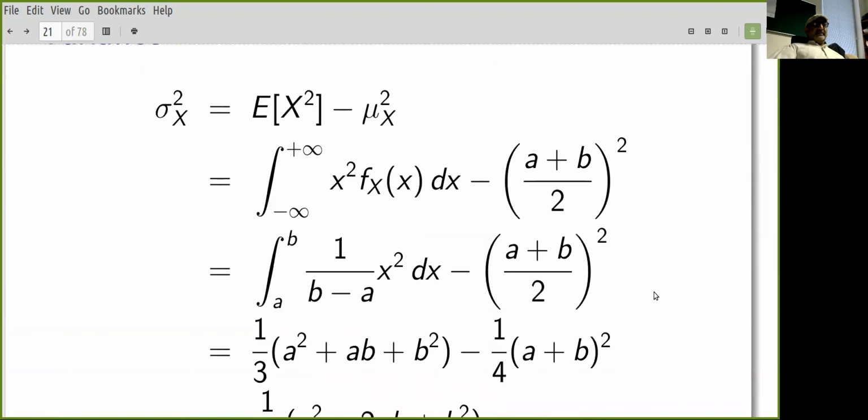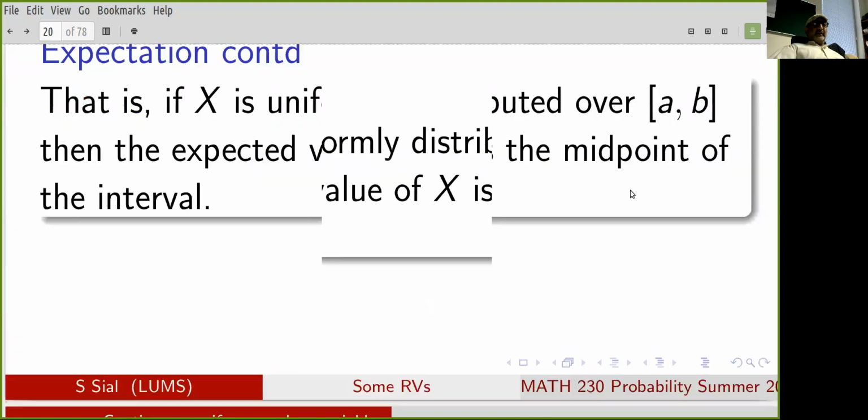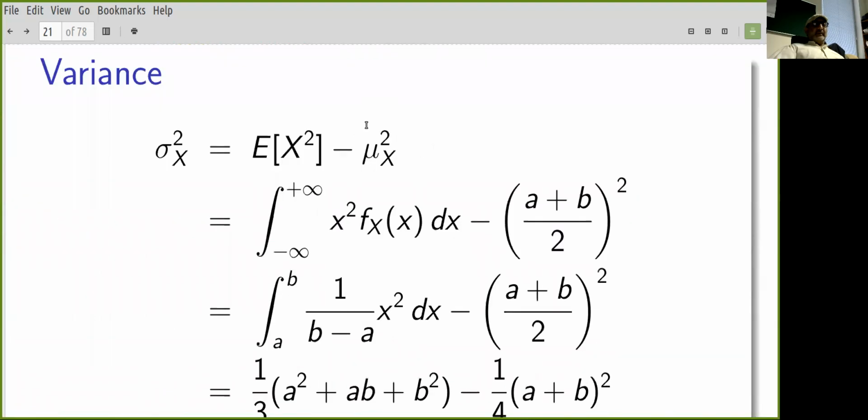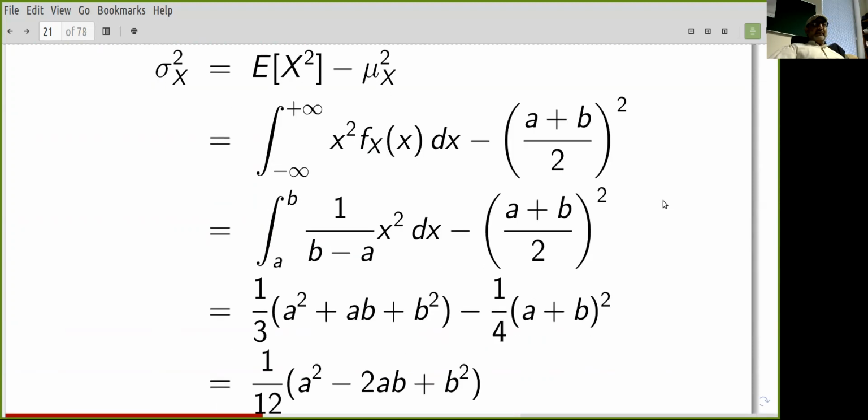And what's the variance? The variance is equal to the expectation of x squared minus this quantity that we just found, a plus b over 2 squared. Right? So that's the integral from minus infinity to infinity of x squared times the PDF dx, minus the expectation that you just found, a plus b over 2, squared.